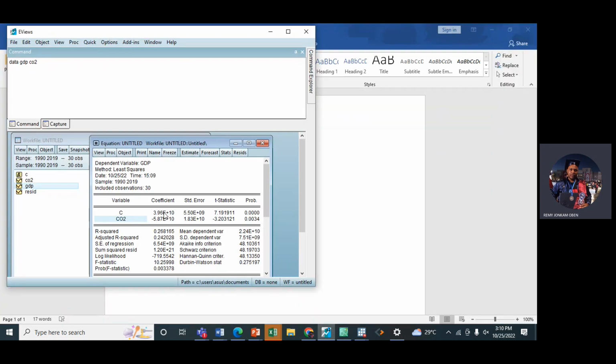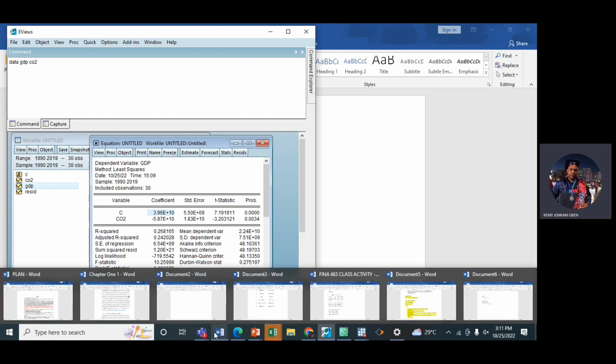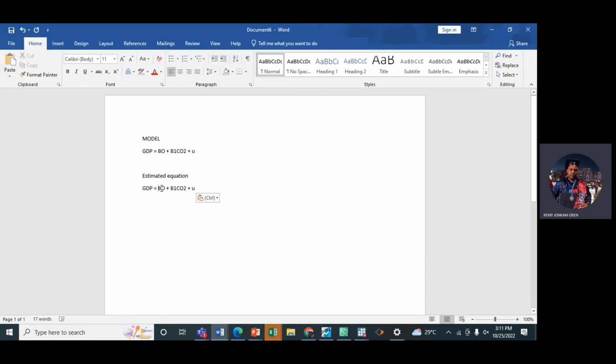You see the constant, this constant, the coefficient is 3.96. So here I'll put 3.96.